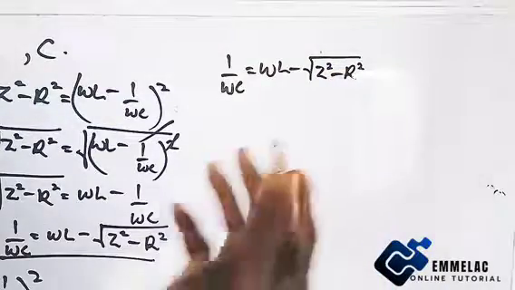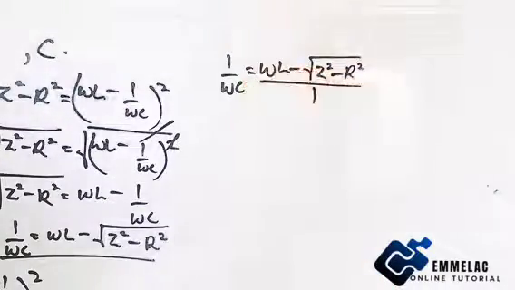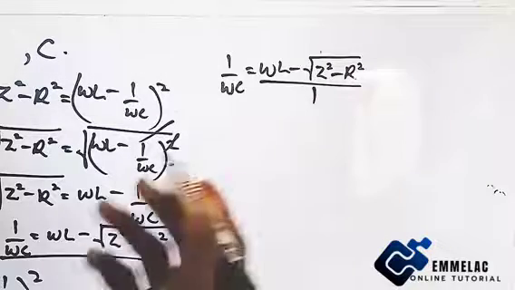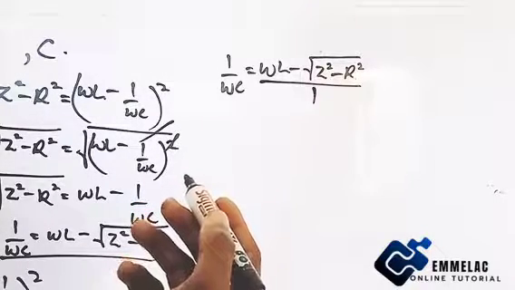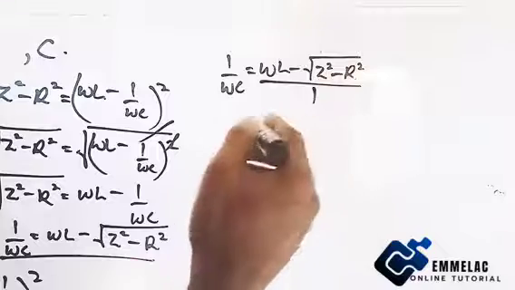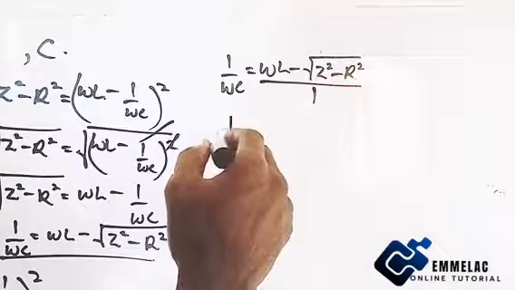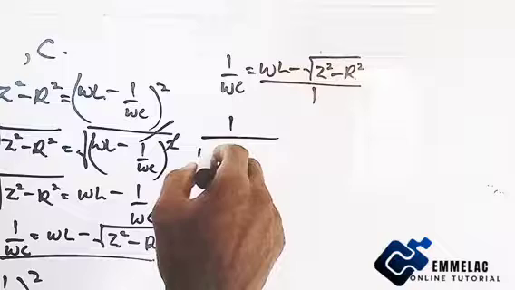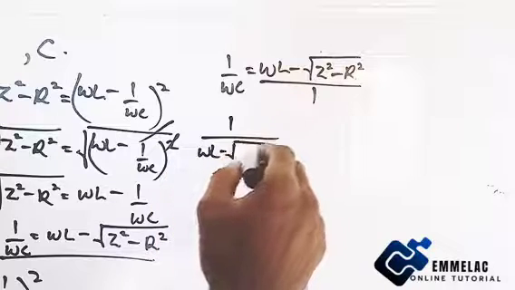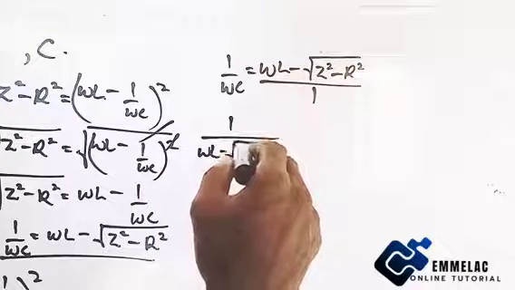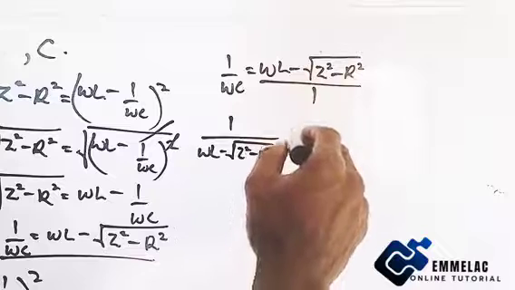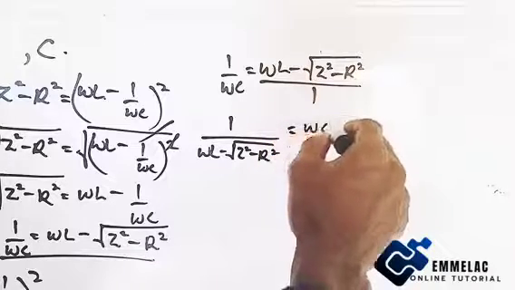So here you can just take note, all this equals to over 1. We just cross multiply. By cross multiplying, we can just have that 1 over the whole of this, WL minus the square root of Z squared minus R squared, all equals WC.